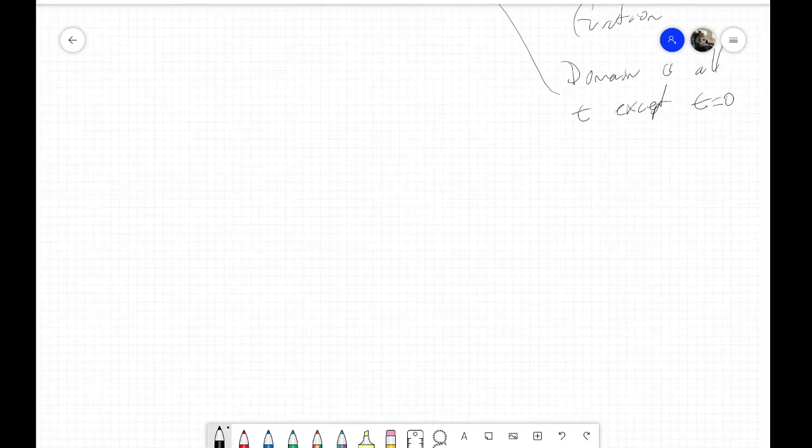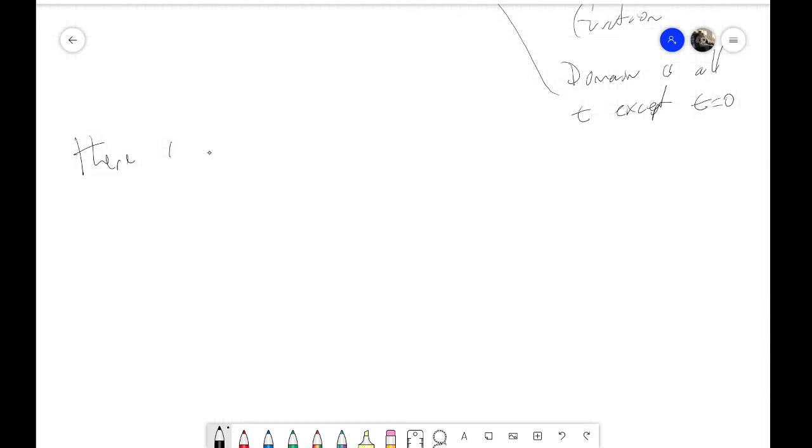Now, there is an alternate version of the derivative. And this is useful when evaluating the derivative of a function at a point.